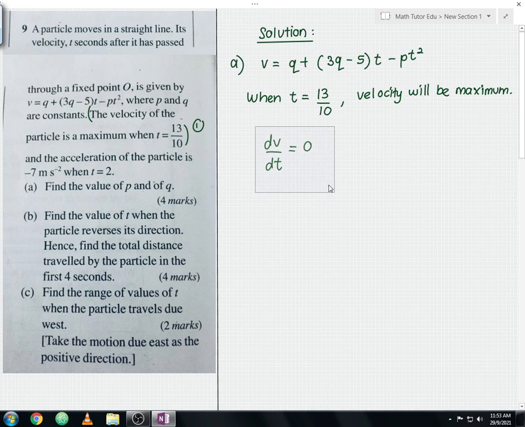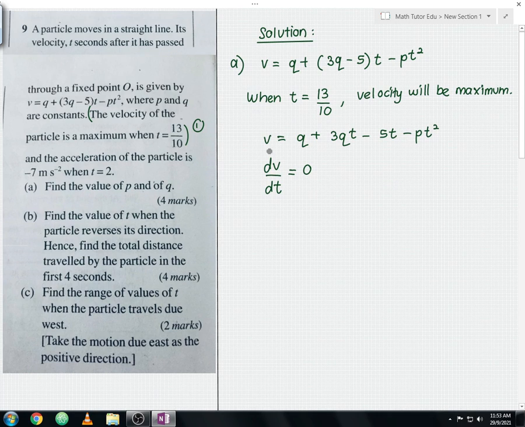So let me write the complete expansion for the velocity equation, where it equals q plus 3qt minus 5t minus pt².